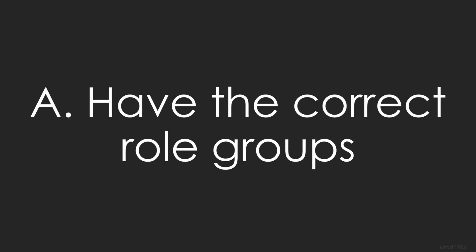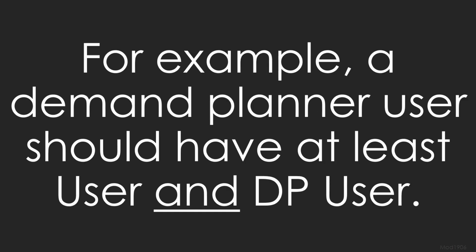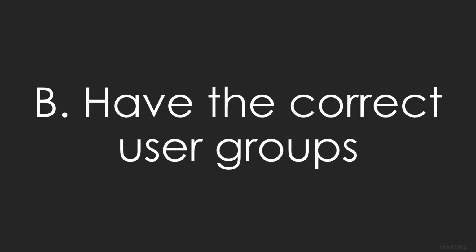So it's pretty easy to check to see if you, A, have the correct role groups. For example, a demand planner user should have at least the user and DP user role groups. B, you can check to see if you have the correct user groups.